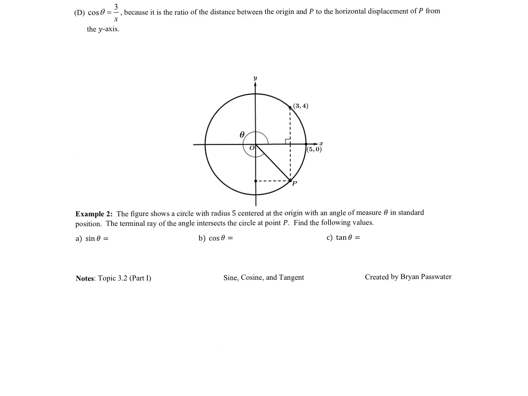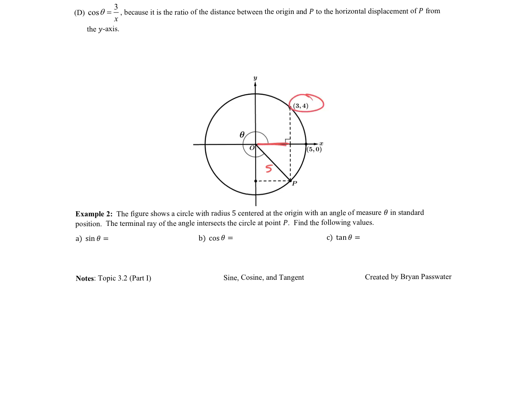Example 2. The figure shows a circle with radius 5 centered at the origin with an angle measure of theta in standard position. The terminal ray of the angle intersects the circle at point P. Find the following values. All right, fantastic. So what's my radius on this one? 5. And what is my x value here?